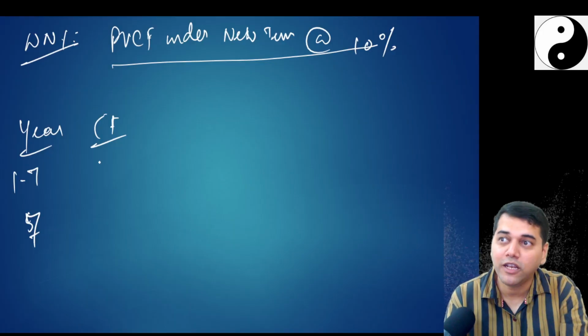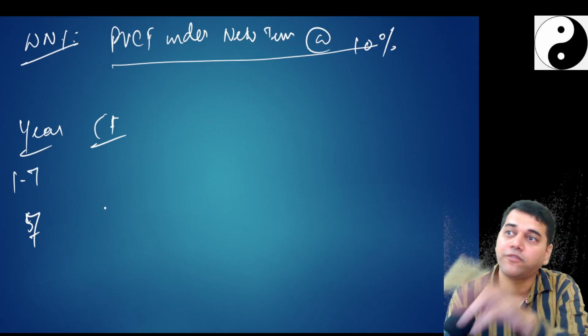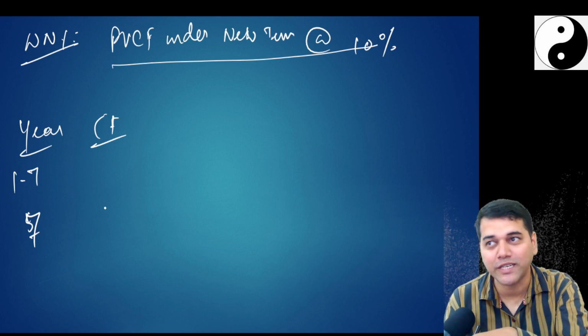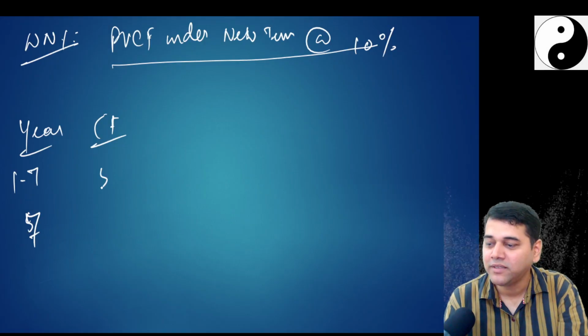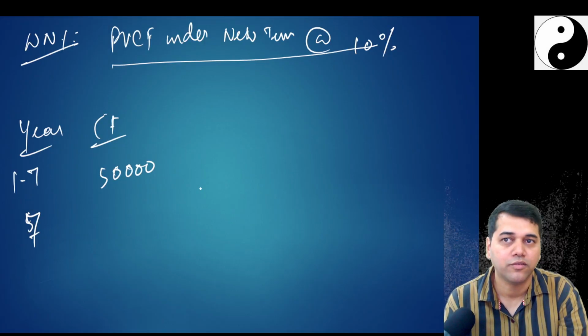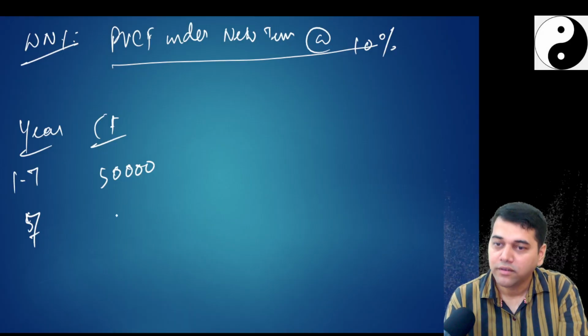On the face value only I will pay, no. I will pay 5% on what? Face value or redemption value? Face value. Did the face value change? No. That means 50,000. Followed? And on redemption, in the 7th year, what is the amount I am going to pay? 15 lakh.